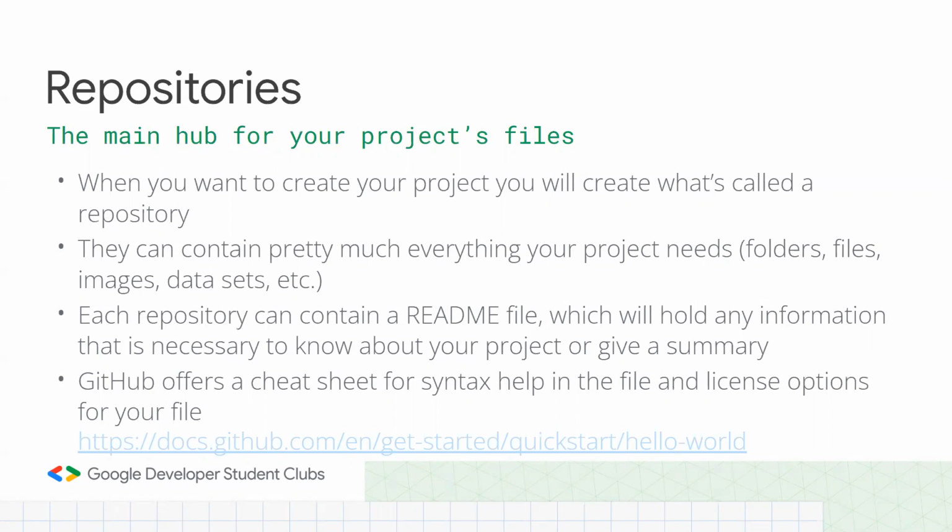GitHub also offers a cheat sheet for syntax help in the file. And it also offers licensing options if you had a project that needed to be licensed. And at the bottom, you'll see a link to get a quick start on maybe a Hello World, as we all know Hello Worlds.